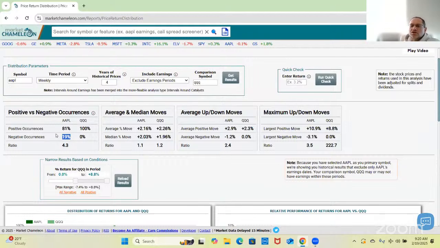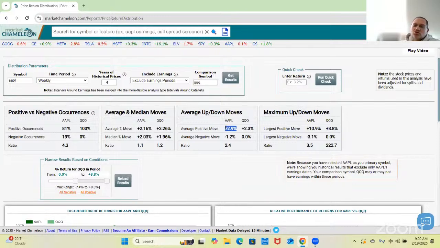So Apple didn't always go up for the week that QQQ was up on the week. The average returns here, QQQ outperformed a little bit. The median returns, Apple outperformed.